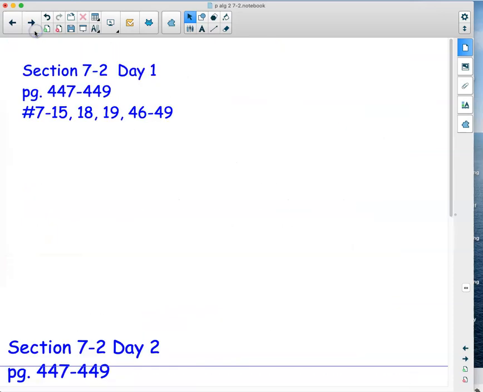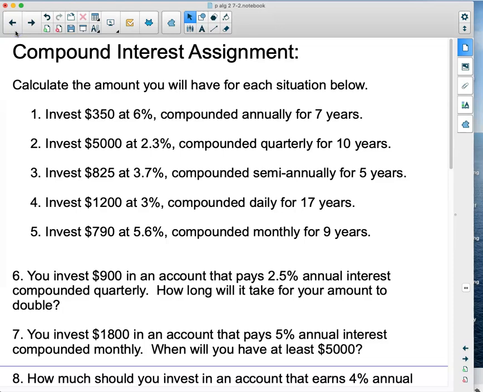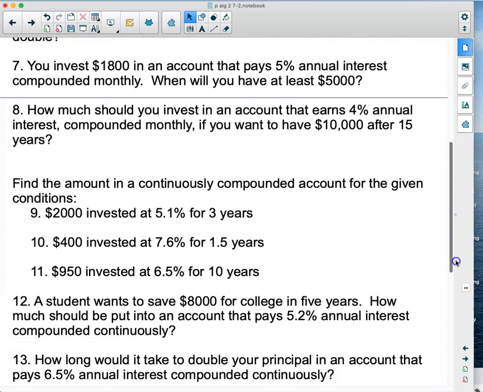So this means you have to go back in your pile of stuff because one of the things we're going to be working on the next 2 days, it's called the compound interest worksheet. It says compound interest assignment up there at the top. We're not going to do it all at one time. We're going to do pieces as part of our homework. So what I will do here is I think I have both pages.